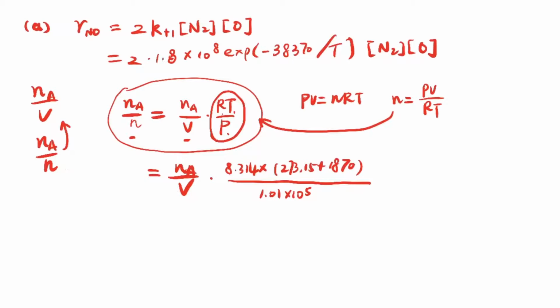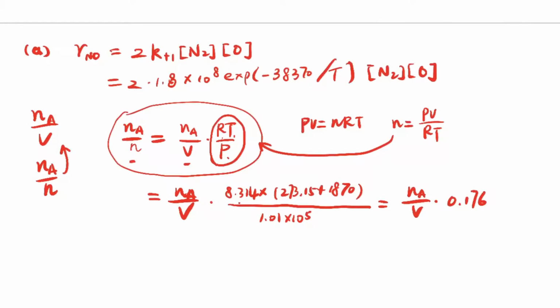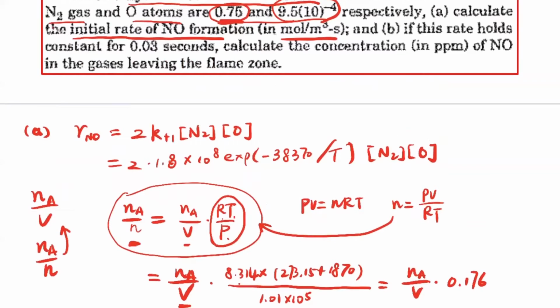Okay, so here we are just plugging in the values: the gas constant, the temperature in Kelvin, the absolute pressure in Pascal, right? You can find out that this is NA divided by V multiplied by 0.176, okay? So this is how we can convert the mole fraction into the absolute concentration. And now we can start to plug in values.